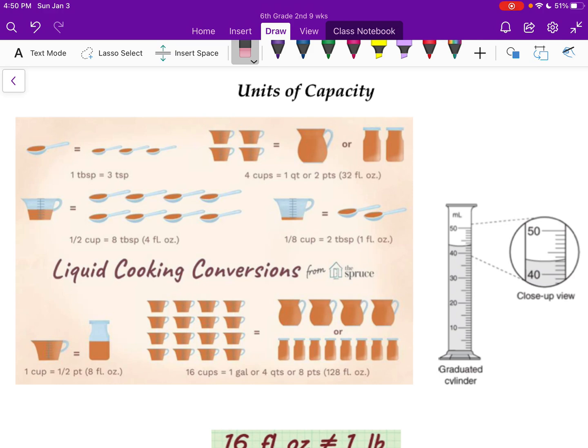One thing that sometimes kids get confused that I want to make sure everybody understands is these units of capacity are not weight ounces, these are fluid ounces. In 1 cup, there's 8 fluid ounces, so 8 ounces of liquid. That's what FL stands for, fluid ounces.